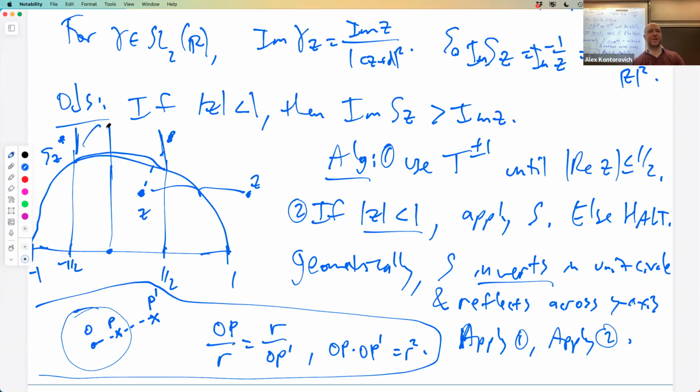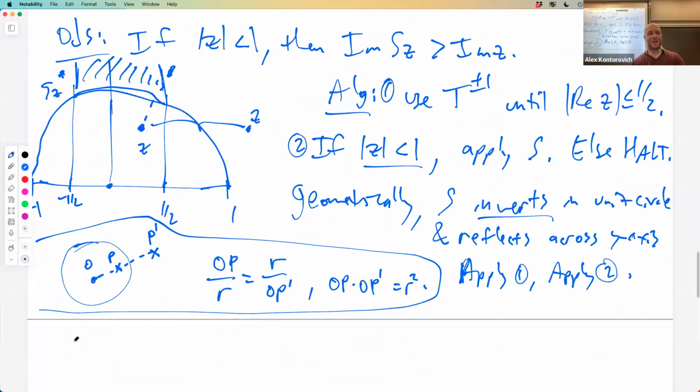So if we wind up somewhere here, we should stop. And my claim is the algorithm always halts. My claim is that this reduction algorithm halts.